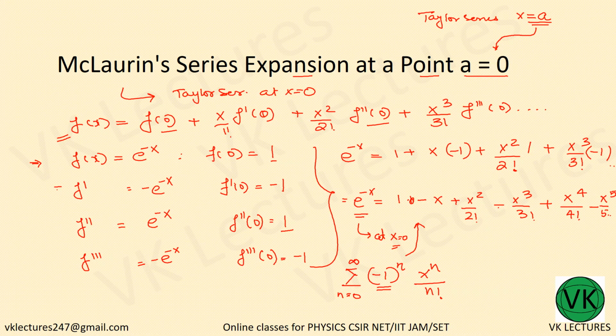Whenever you have alternate minus and plus, your summation should contain minus 1 whole to the power n. Please remember, whenever we have alternate plus and minus in the series, then your summation should contain minus 1 whole to the power n. Okay.